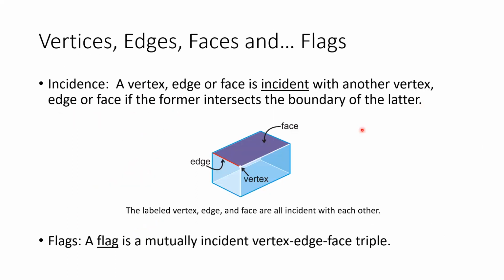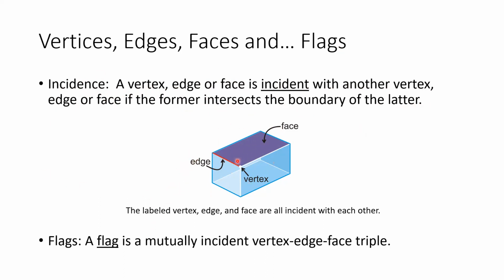So now there's this fourth notion: vertices, edges, faces, and flags. First I need to say, what is an incidence? A vertex, edge, or face is incident with another vertex, edge, or face if the former intersects the boundary of the latter. So in this picture here, the labeled vertex, edge, and face are all incident with each other, because the vertex is on the boundary of the face, and the vertex is on the boundary of the edge, and the edge is on the boundary of the face, right?